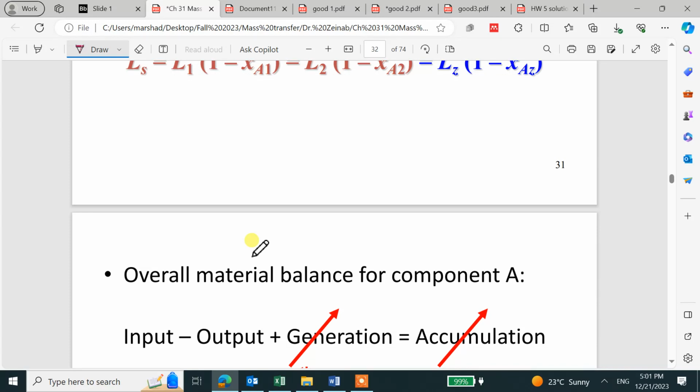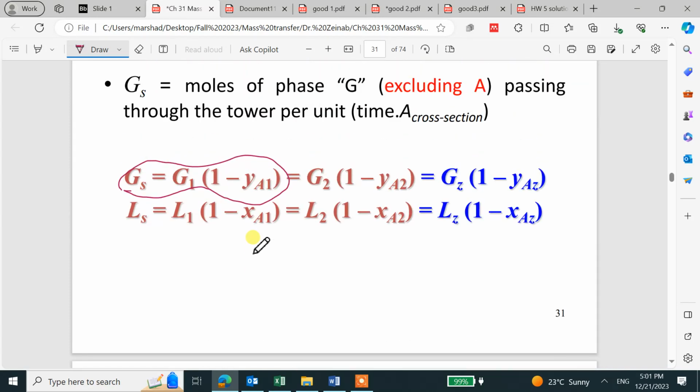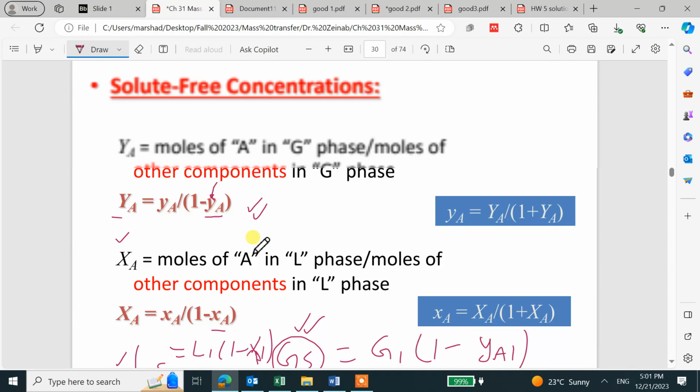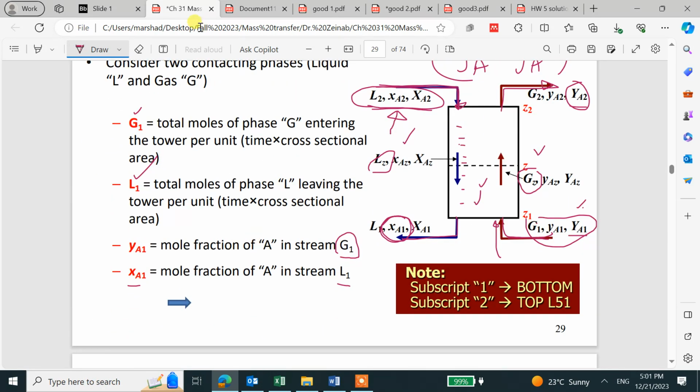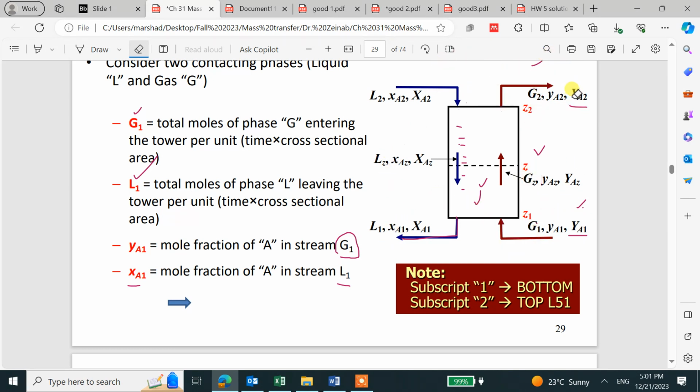Okay, so now how can we find these? In a typical absorption column, what is known and what do we need to find? Our feed is the gas in, right? In the gas in, we know the concentration and the flow rate coming in.